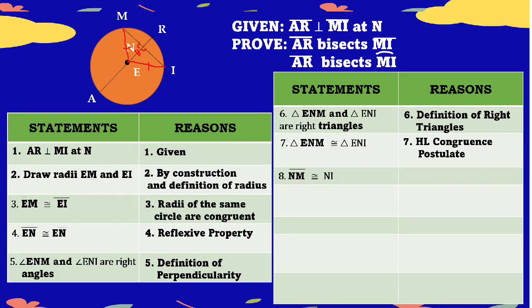Number 8, segment NM is congruent to segment NI. Since we have two triangles that are congruent, then all corresponding parts of the congruent triangles are congruent. So we can reason out in number 8, CPCTC.